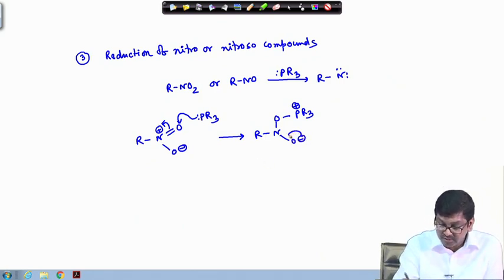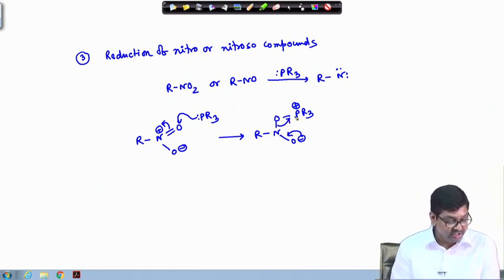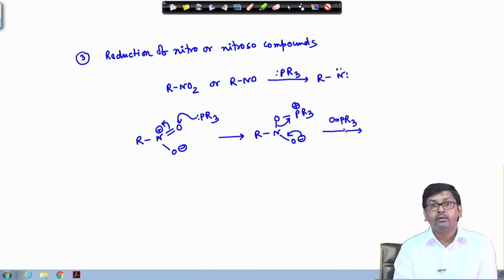Now this can go back, and as phosphorus and oxygen have very high affinity towards each other, this bond will cleave and we will get this phosphine oxide. Okay.